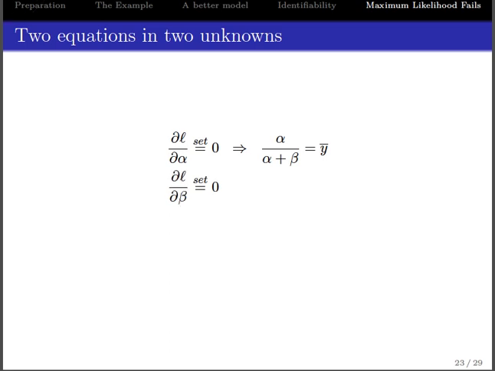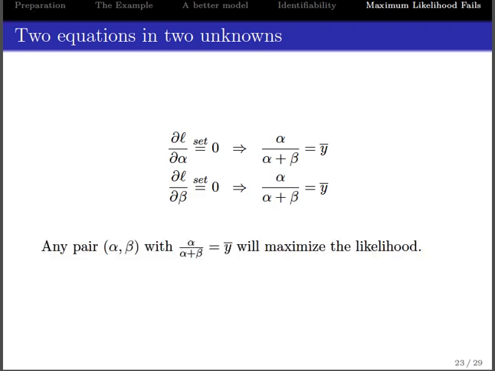The second one is you differentiate the log likelihood with respect to beta and set that to 0, and the result is, again, alpha over alpha plus beta equals y bar. So you've got two equations and two unknowns, but unfortunately those two equations are identical. And any pair, alpha beta, with alpha over alpha plus beta equals y bar will maximize the likelihood.